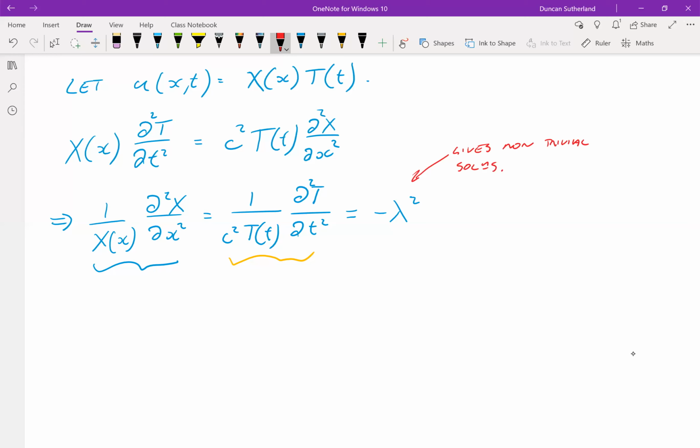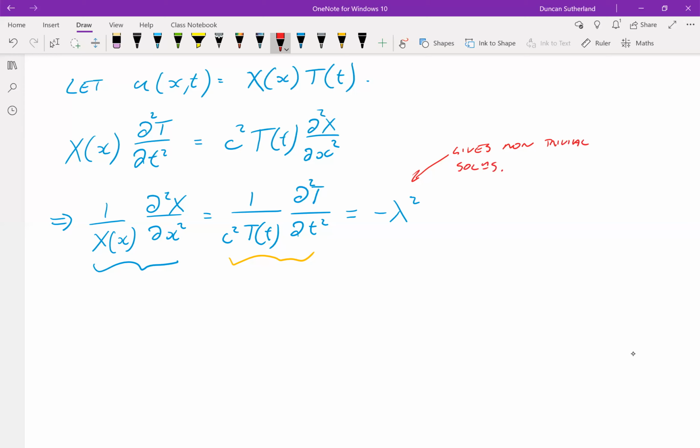Now, if you don't realize that to begin with, you might set your separation constant to be equal to just lambda, and then you've got to test three different cases: lambda positive, lambda negative, and lambda 0, right? When you go through that testing process, you'll see that the only value of lambda where you get non-trivial solutions for your spatial problem, for example, is lambda negative.